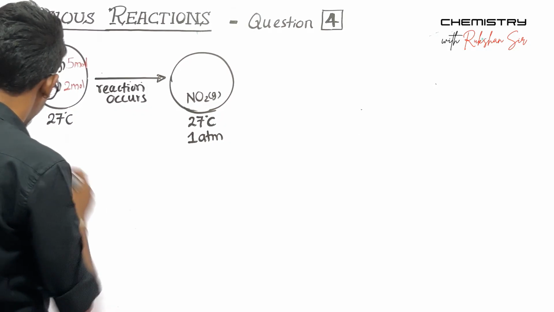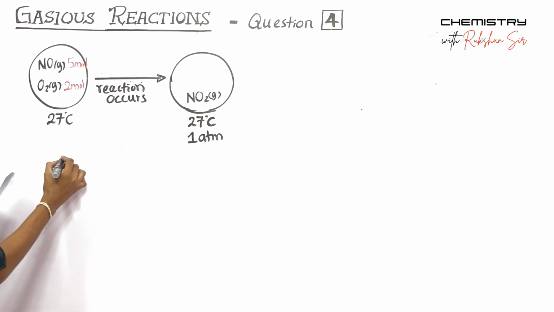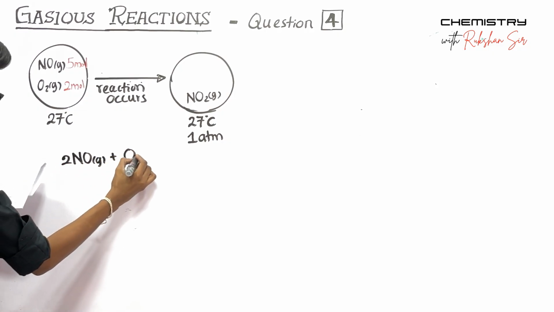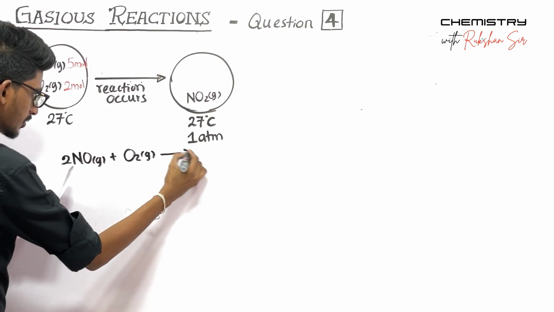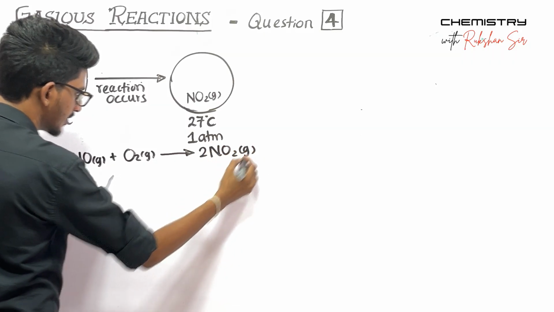So this is a complete reaction. NO gas reacting with O2 gas to produce NO2 is referred to as a complete reaction.